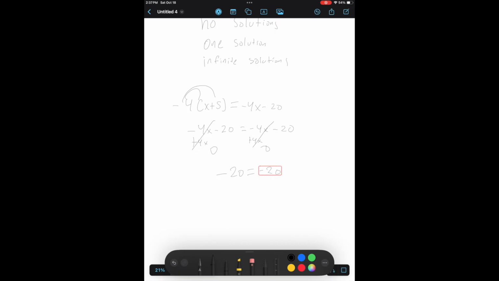This means that for any value of x, the left side will equal the right side. And if you get something like this, where a number is equal to the same number, that means there are infinite solutions.